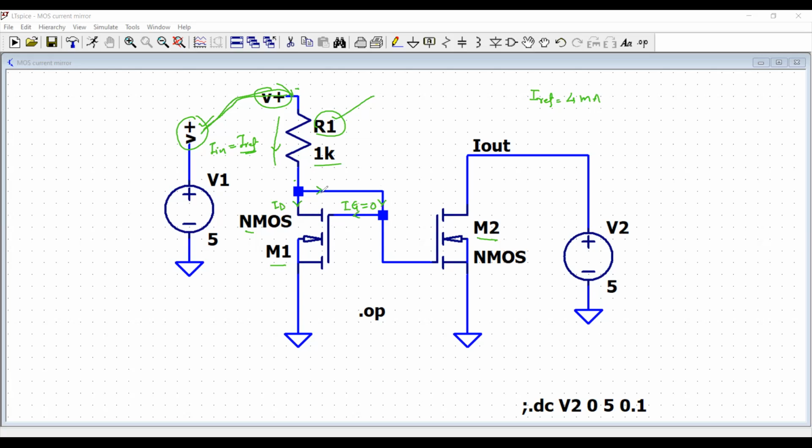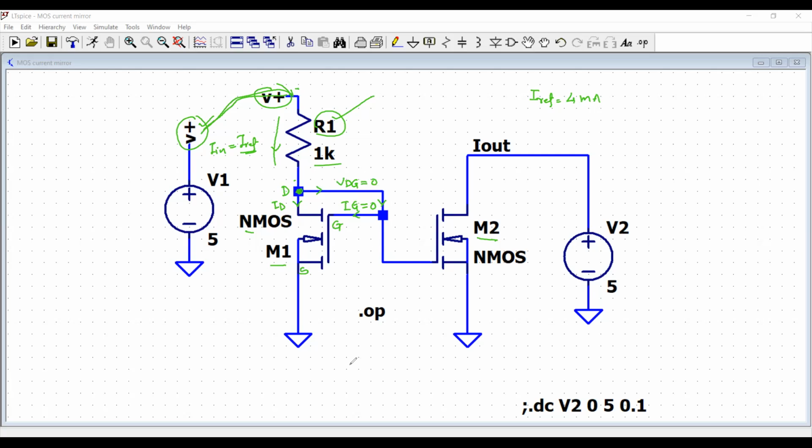And then I see another arrangement, where this is the drain pin, this is the gate pin, and this is the source pin. So drain and gate are shorted together, making the voltage difference between gate and drain, VDG, equal to zero.